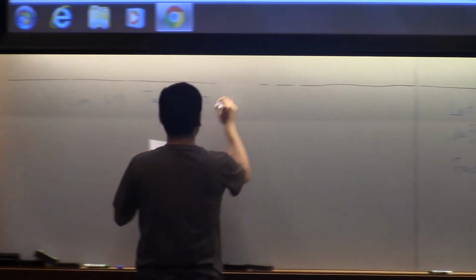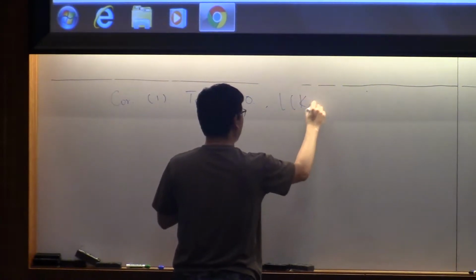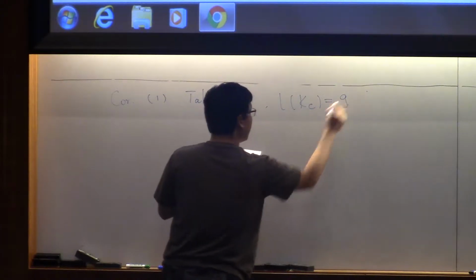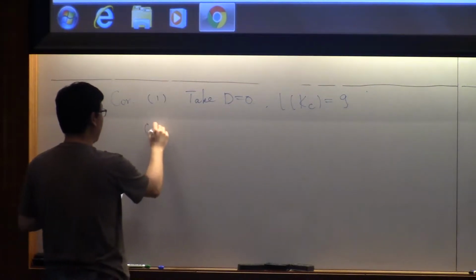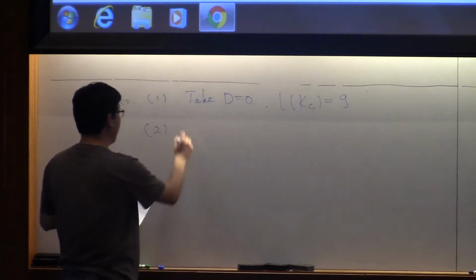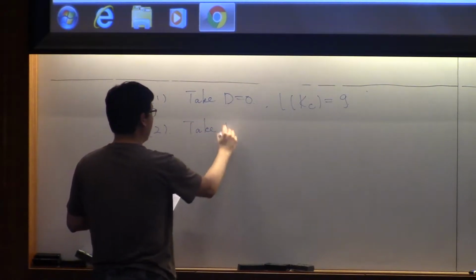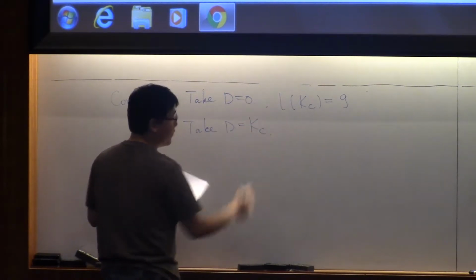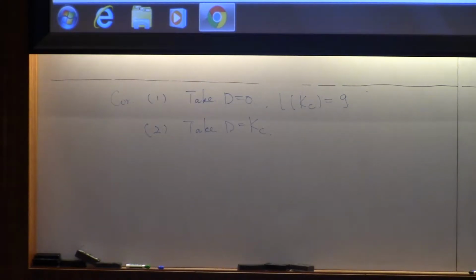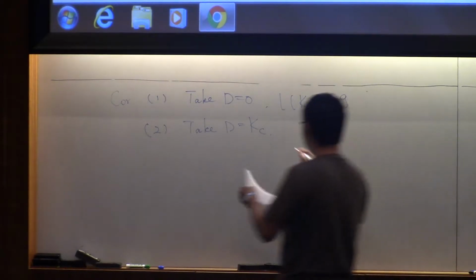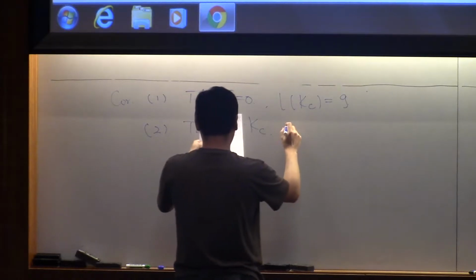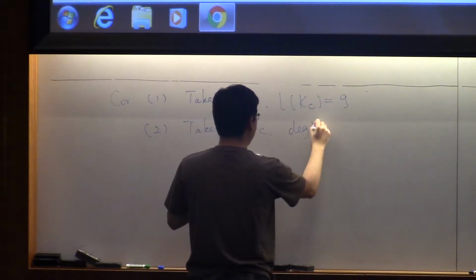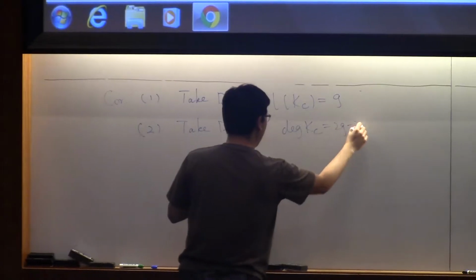And then you compute that the dimension associated to the canonical divisor is G. Then you take the divisor to be the canonical divisor. Then the second part becomes L0, which is 1. From this, we combine with the first part of the corollary, and see that the degree of the canonical divisor is 2G minus 2.